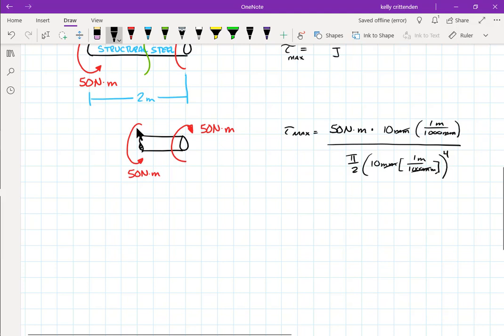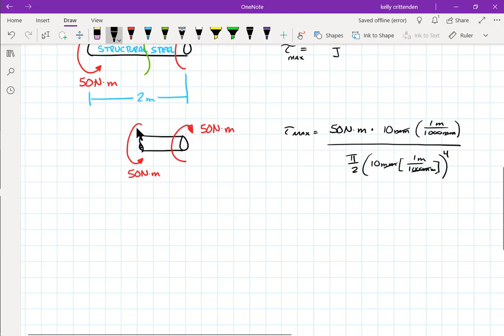All right, so we need to calculate this. Let's see. So we have pi over 2 times 10, but we're going to divide 10 by 1,000, and then we're going to raise that to the fourth. And then we're going to have 50 times 10 divided by 1,000 divided by that denominator.